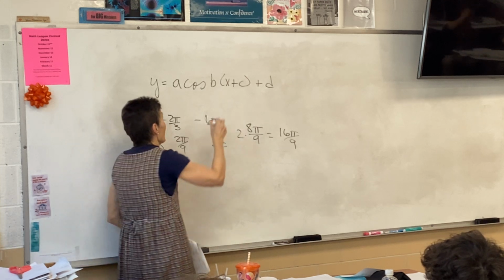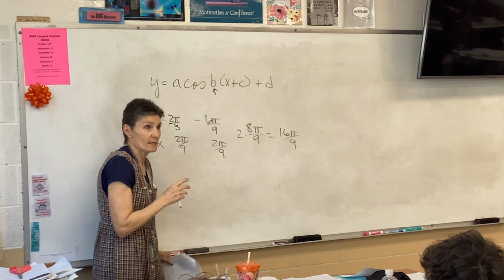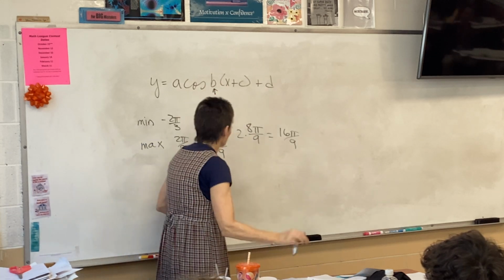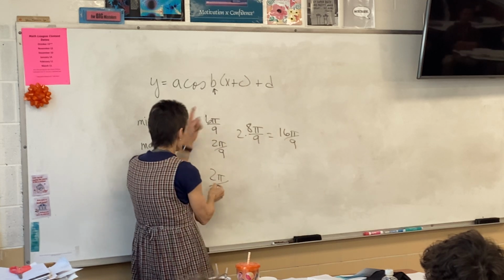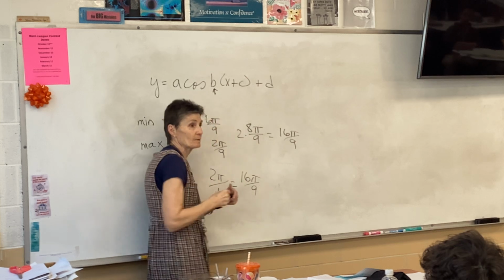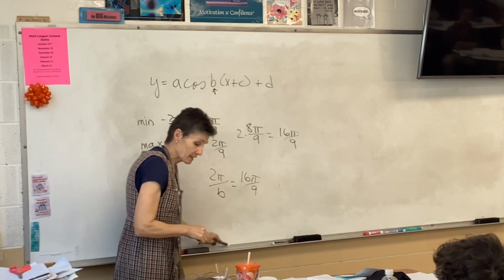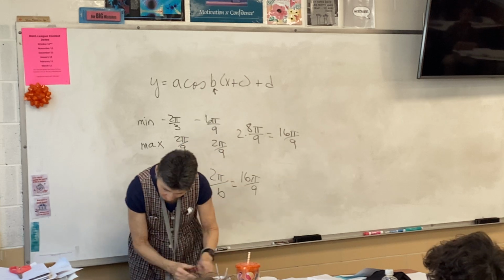All right? Now, this is the number that involves period, right? So 2 pi divided by that number is going to be 16 pi over 9. Are you with me? All right, figure out what that is while I get a t-shirt here real quick.